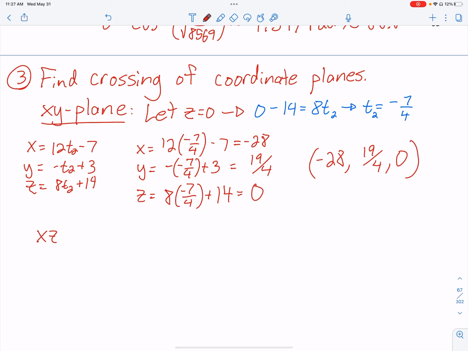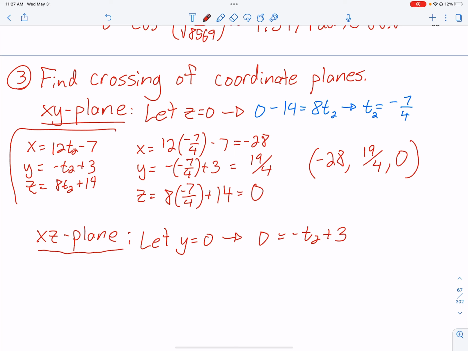We got the XZ plane. You could probably take a guess at what we're going to let equal 0. It is y. So if I let y equal 0, now I have all this up here. 0 equals negative T2 plus 3. Everything was based off of this for the work that we did right here. So this was L2. Okay, so that gets me T2 equals 3.